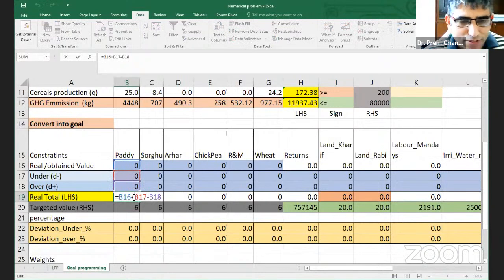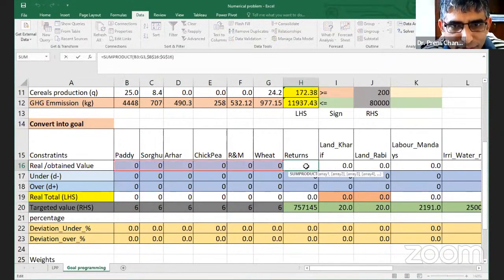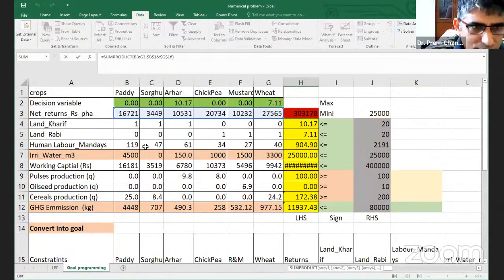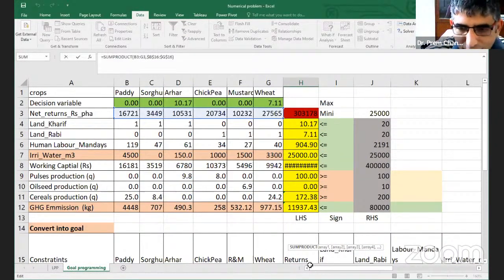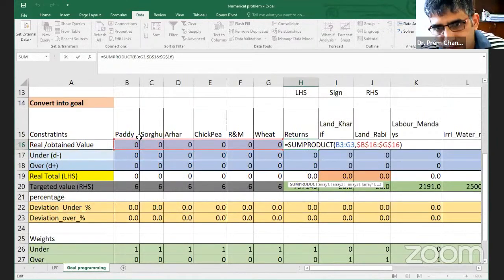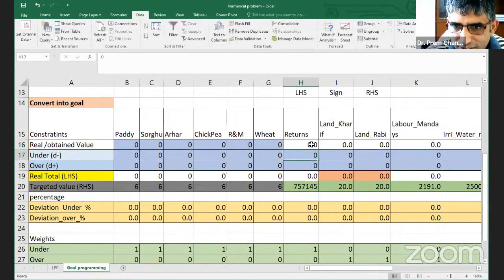I have equated each goal into a balance equation. This is my equation, goals expressed into equations. You see, I have brought it from here. That means my net return per hectare multiplied by area will give me the return. So this will be fixed.